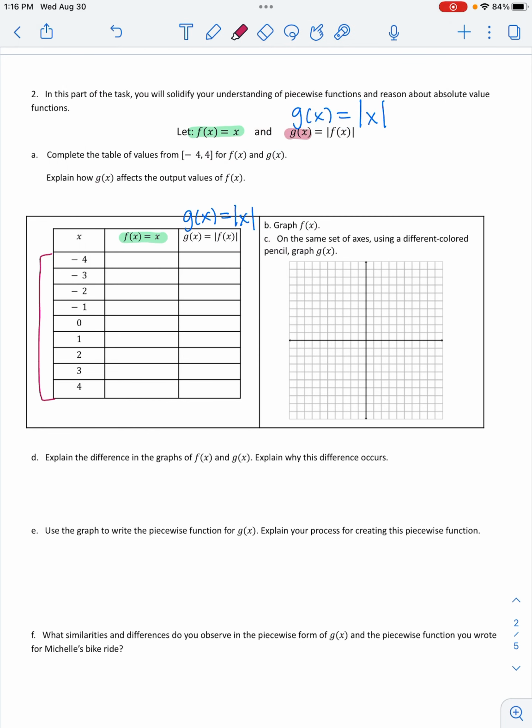You're going to graph g of x equals the absolute value of f of x, which is the same exact thing as just saying g of x equals the absolute value of x. Okay, you're going to put both of those things on your graph over here in part C. It will be helpful if you have different colors so you can see the difference between them, but if you don't, that's okay. So go ahead, pause this video, and try that on your own.